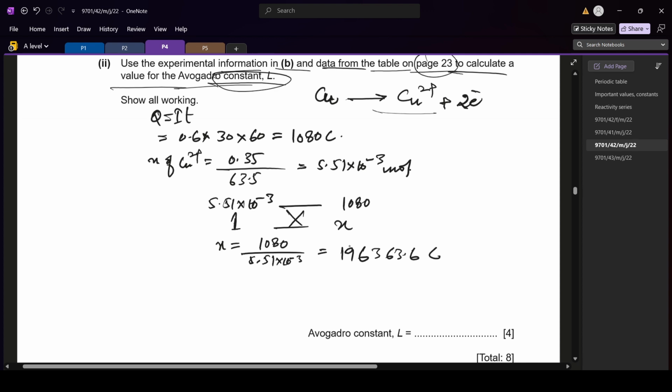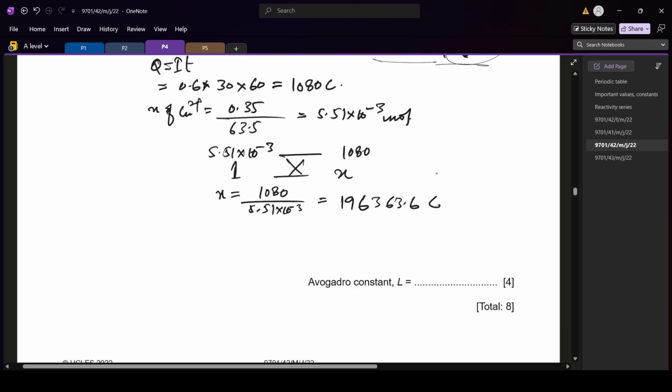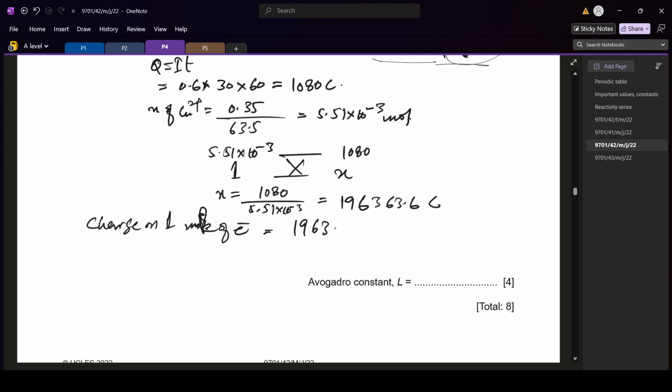Now let's calculate the charge on 1 mole of electrons, because there are 2 moles of electrons for each mole of copper 2 plus ions. So let's divide 196363.6 coulombs by 2.